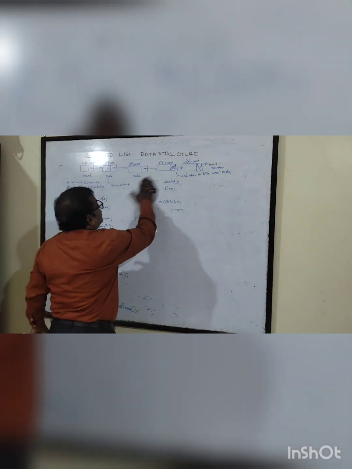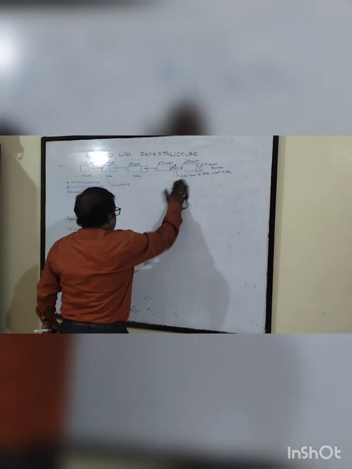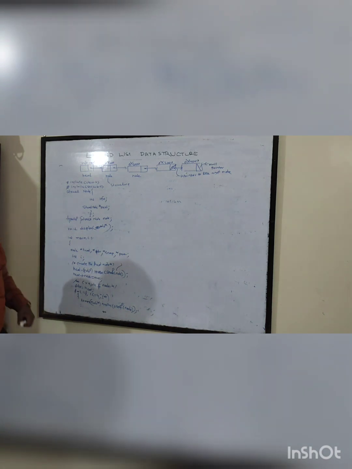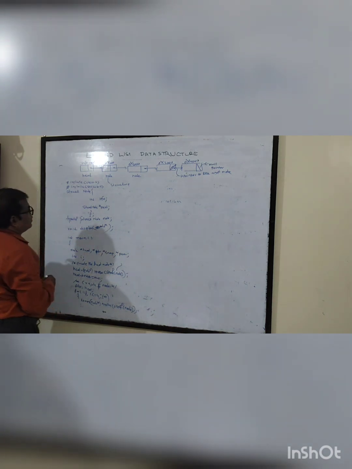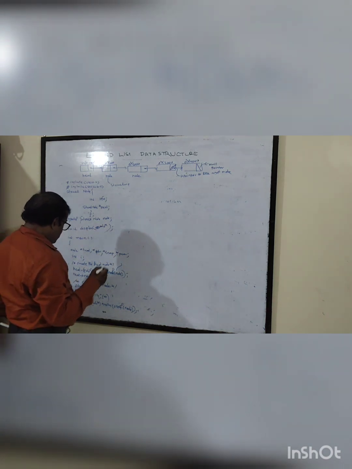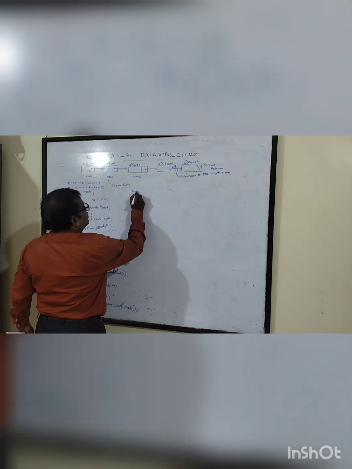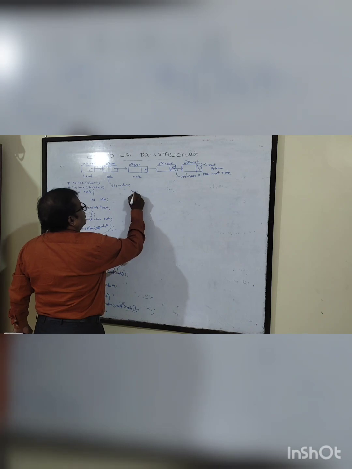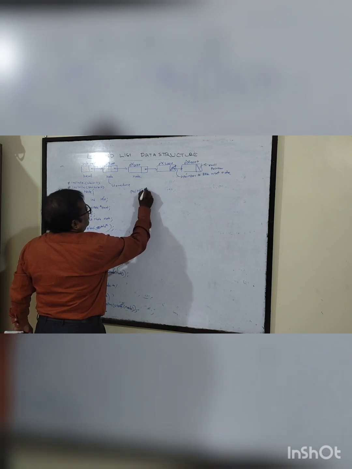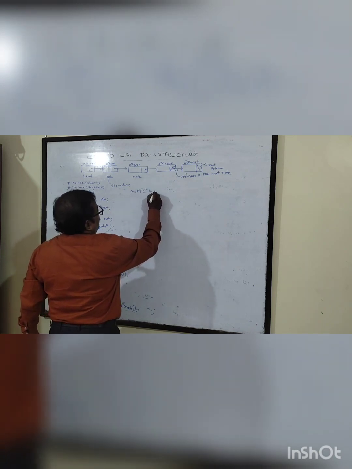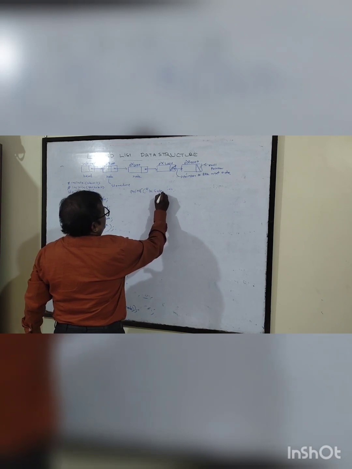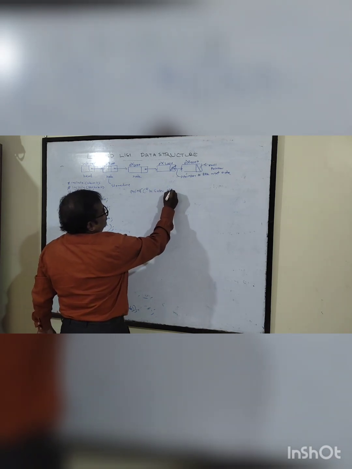So how does this work here? So here I will write printf, enter node value.